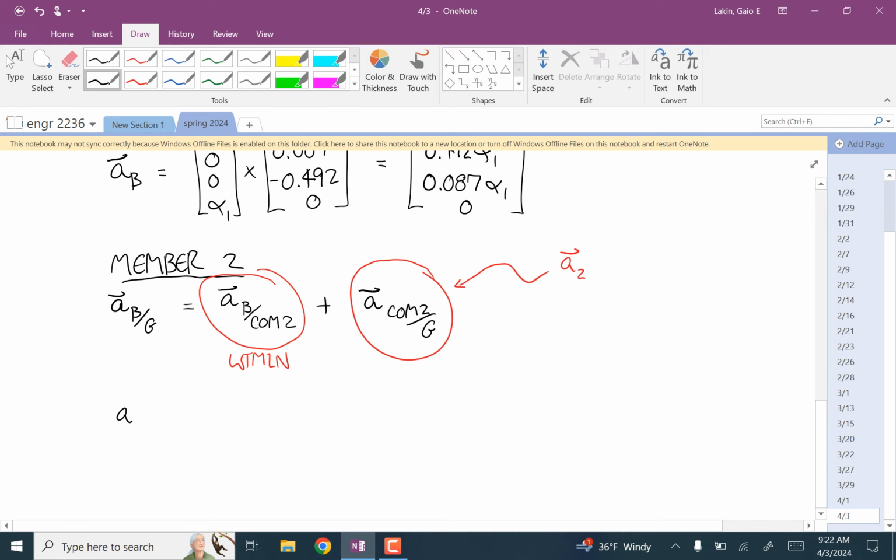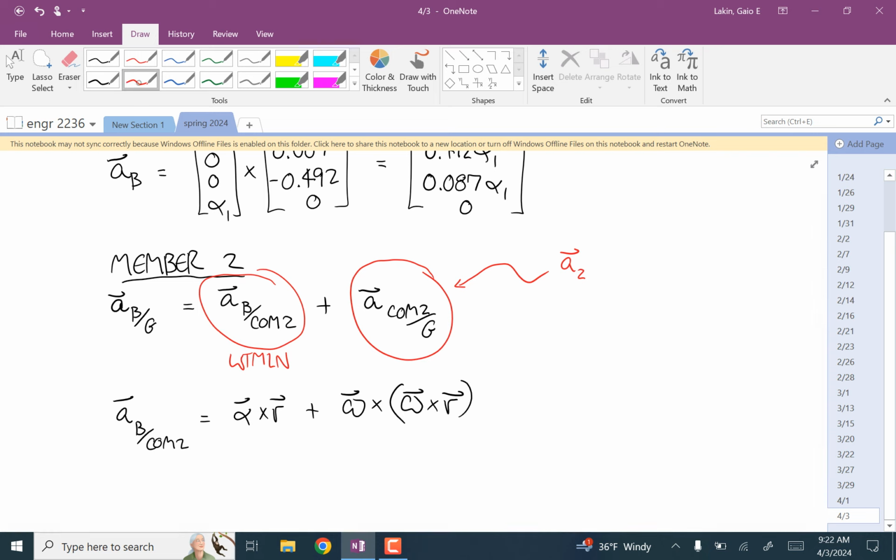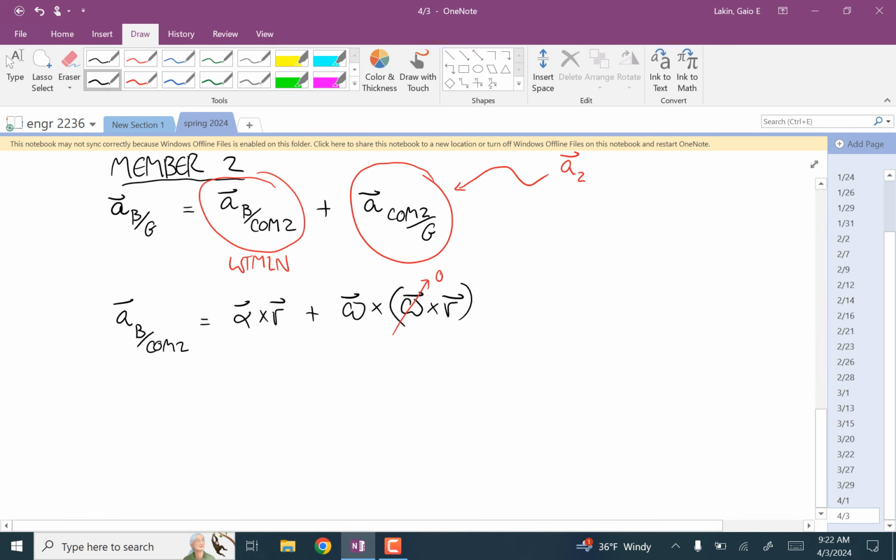So the acceleration of B relative to the center of mass of 2 is alpha cross r plus the omega stuff that in this case is all 0. Alpha is 0, 0, alpha 2.